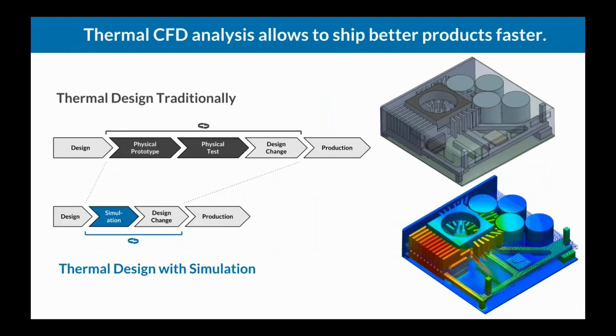And this is a little schematic view that I use at times to explain why you should care about simulation, why engineers and designers benefit from simulation, right? At the top, we can see thermal design being done traditionally, where you solely rely on physical testing, where you can just do so many iterations because eventually you're going to have to ship a product.